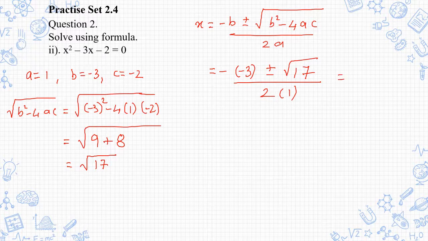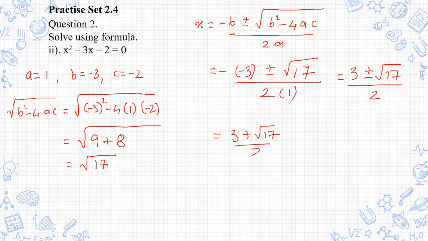So this minus into minus will become plus, so you have plus 3 plus minus root of 17 upon 2 into 1, that is 2. Now we just separate it. This becomes 3 plus root 17 upon 2, or 3 minus root of 17 upon 2. So the roots of the quadratic equation are 3 plus root 17 upon 2, or 3 minus root 17 upon 2.